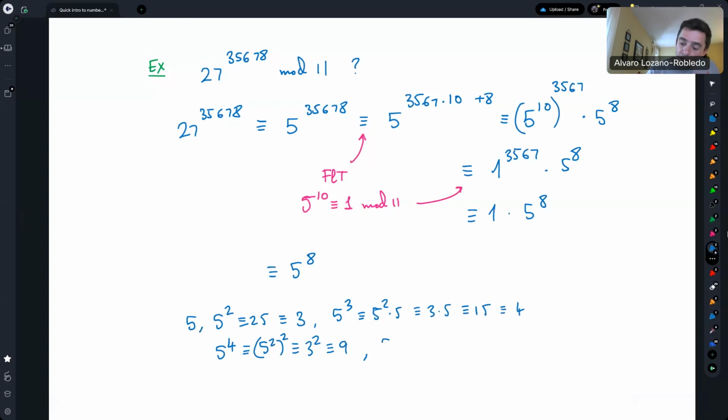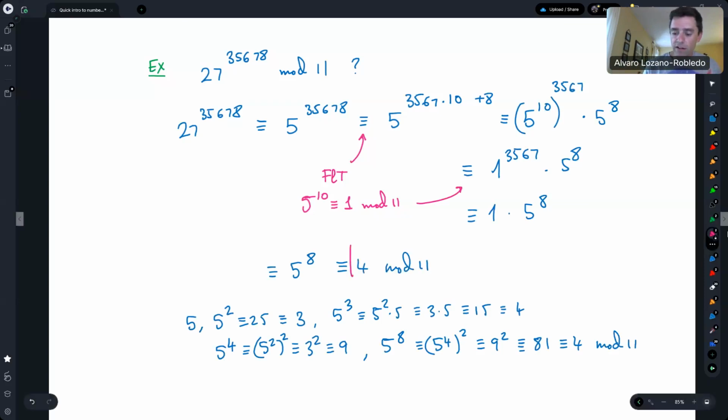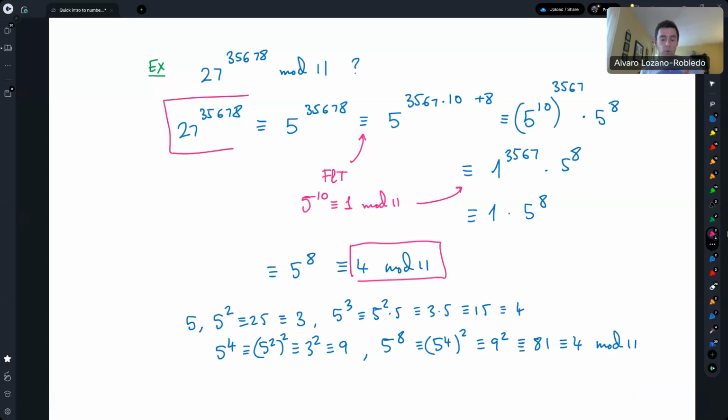And then 5 to the 8 is 5 to the 4 squared, will be 9 squared, which will be 81, which is 77 plus 4. So it is 4 modulo 11. So 5 to the 8 is 4, so this is just 4 modulo 11, final answer.